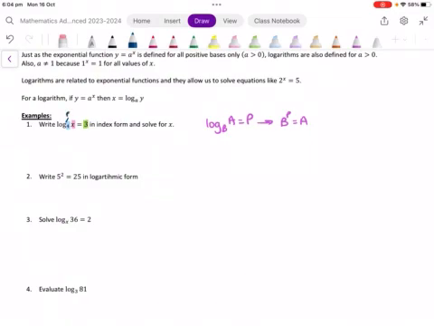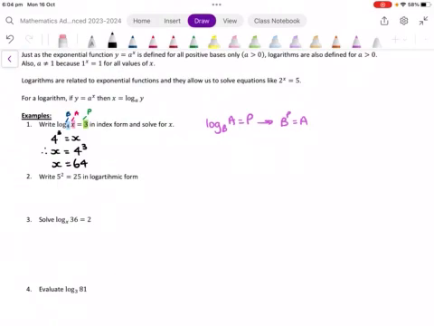So we have b, a, p. We can then use this to write this into index form. So we'll have our b of 4 to our power of 3 equals x. Therefore x equals 4 cubed, which is equal to 64.